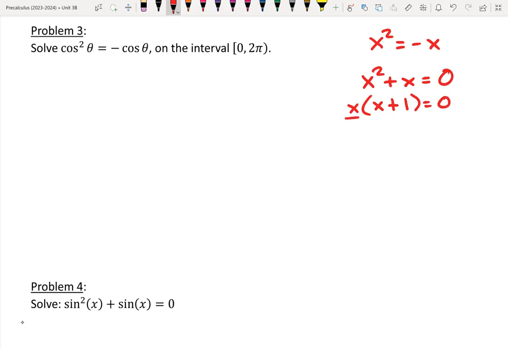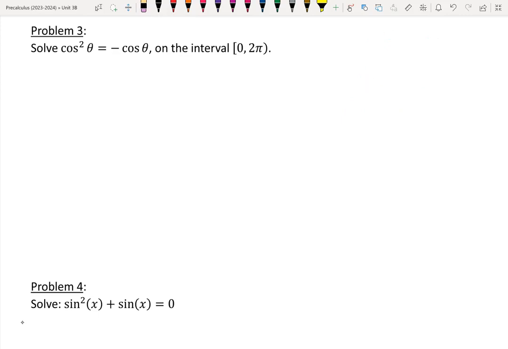And now that I have 2 factors equal to 0, I just set both equal to 0. Do we remember doing this? It's been a couple months, but it is a skill that we can use here with trig. So that is a process that we're actually going to use on this trig function.